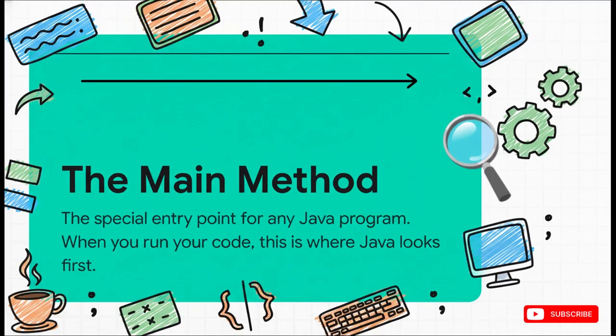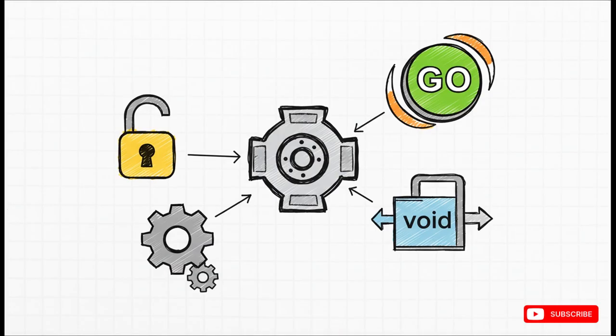Without it, your program is just a house with no doors. It can't do anything. Now don't get bogged down trying to memorize all these keywords right now. Seriously, don't worry about it. For now, just think of this entire line as a single magic spell that tells Java this is where the real action starts. We'll dig into what all these words mean later on, I promise.